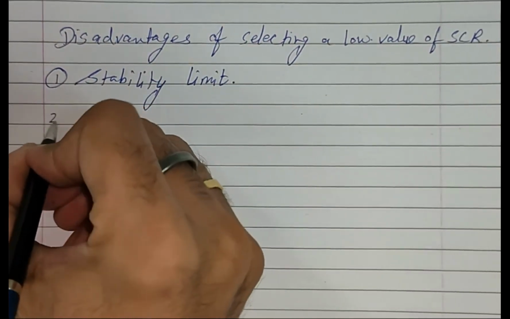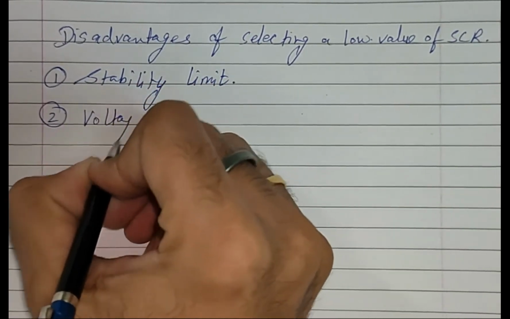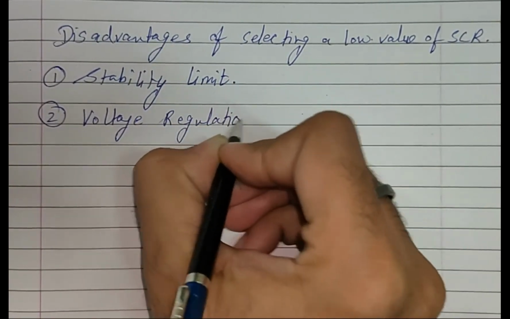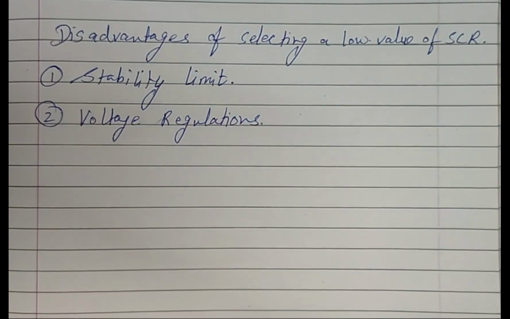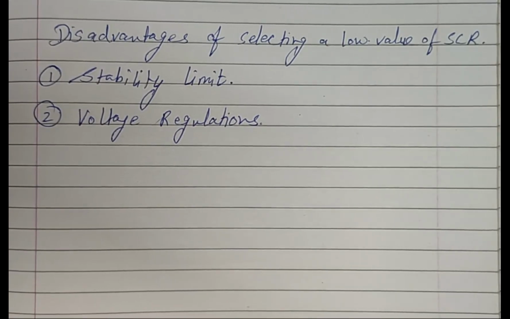The second point of discussion would include the voltage regulation. A machine with a lower value of SCR will have greater changes in the voltage under the fluctuations of the load. Thus, the inherent voltage regulation of the synchronous generator will be poor.